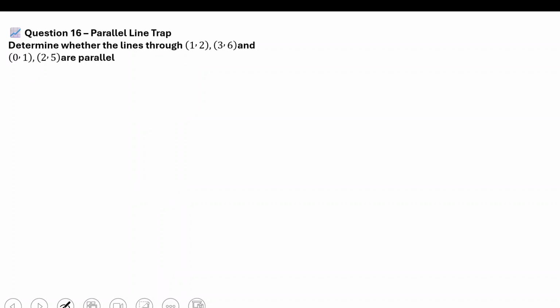Okay, now this one says determine whether the lines through (1, 2) and (3, 6), and (0, 1) and (2, 5) are parallel. What you need for this particular question is to show that the gradient of this line and the gradient of this line are the same.